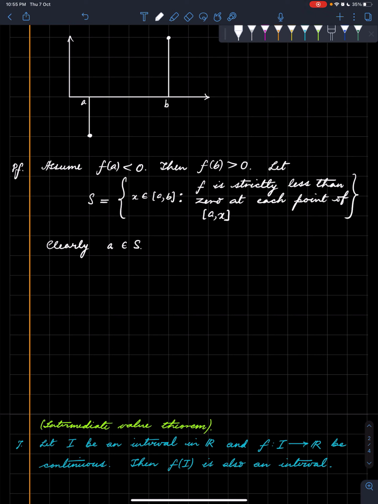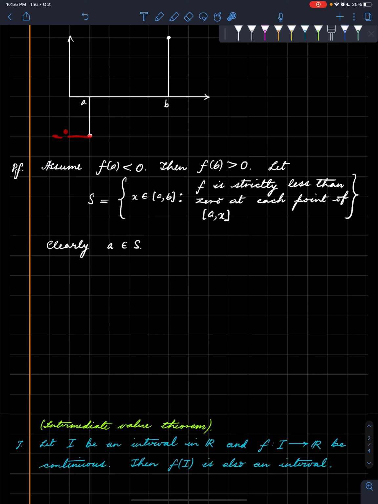However, by the continuity of the function at a, since the function is continuous everywhere, it is also continuous at a, there is a neighborhood around a where the function remains negative. If you want to see that formally, I won't write the details, but let's say f(a) were equal to -1 just for concreteness.